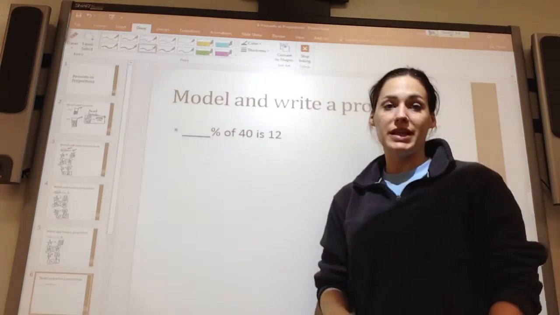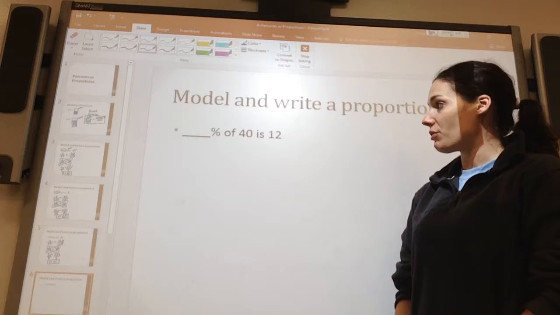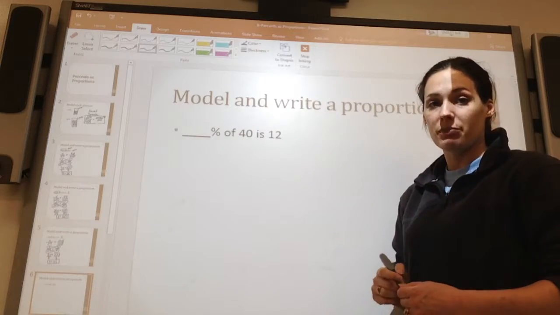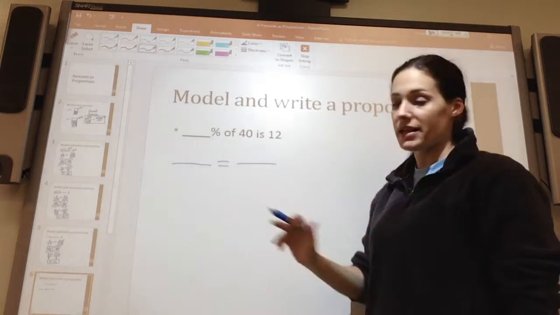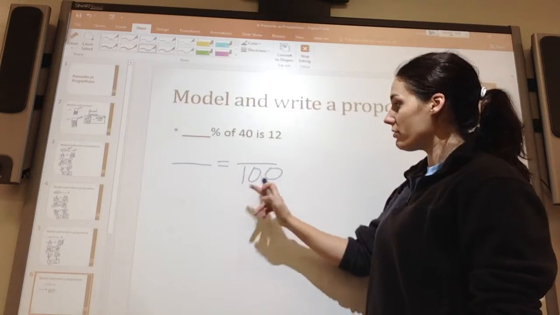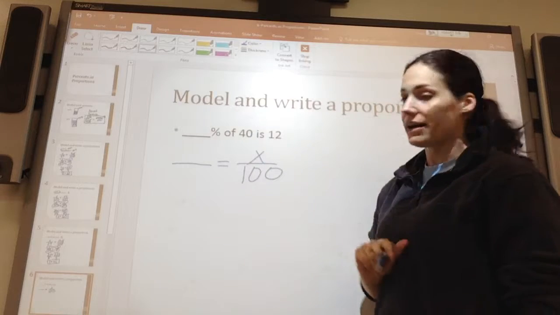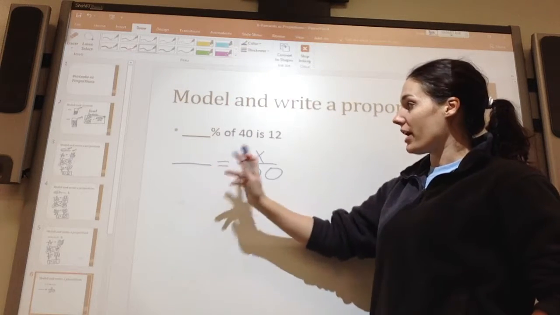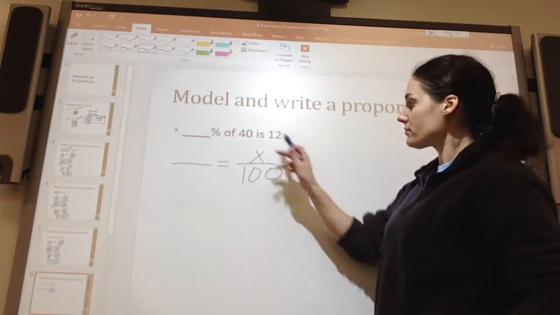Okay. Change it up completely. Now we don't know the percent. We have blank percent of 40 is 12. So the percent part of our proportion is going to be the part that we need to be able to figure out. So here's my setup, here's my 100, but now the part that goes with the percent is unknown. That's my x, so I don't know the percent. And on this side, I've got two numbers, which one is the part, which one is the total.